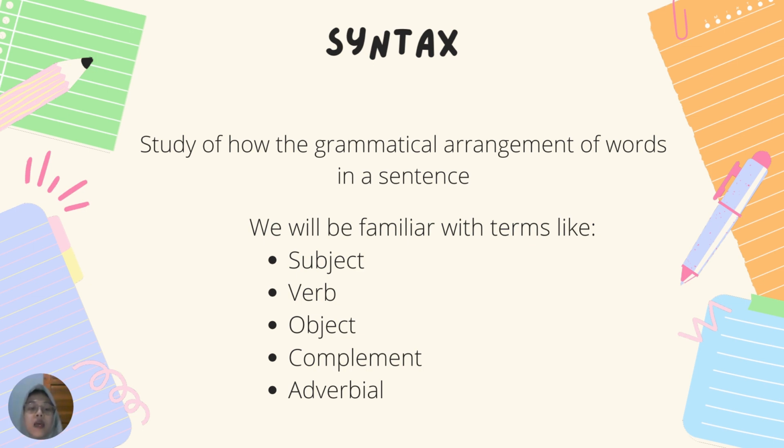Complement can be subject complement and object complement. A subject complement usually describes or renames the subject, and usually uses a linking verb. The linking verb is linked to the subject. An object complement is usually a noun, adverb, or another phrase. And adverbial, like adverb of manner, place, and time.